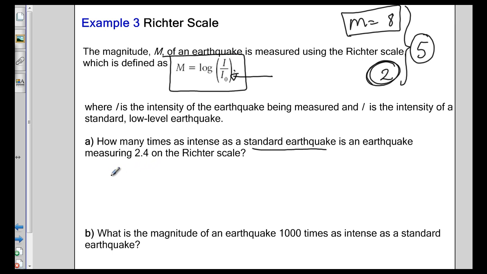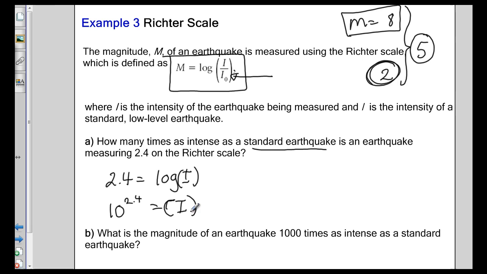So this time they tell us that the magnitude is in fact 4 on the Richter scale, and they want to find out how intense the earthquake is compared to a standard earthquake. And so what we're doing again is we're solving for I. We need to change it back to its exponent form. So 10 to the power 2 decimal 4 is equal to the intensity.